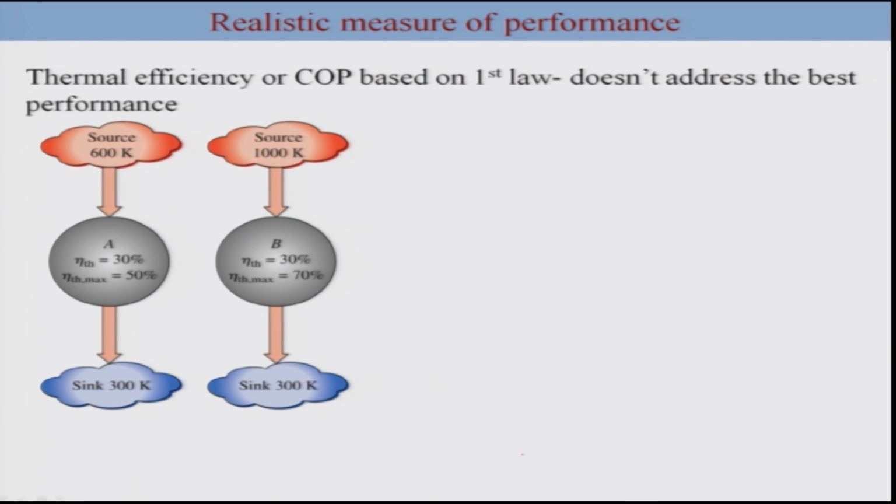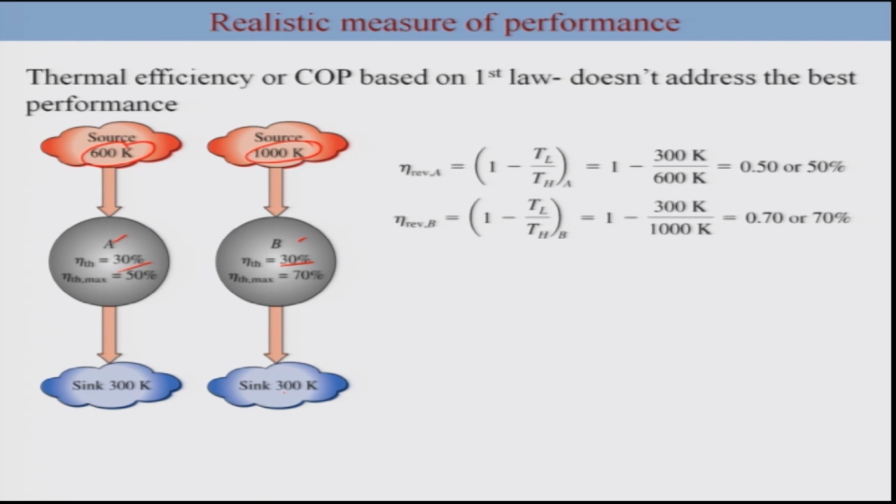So, here for example, you have two devices, A and B. Both have a thermal efficiency of 30%, however the sources are at different temperatures, assuming the sink to be the environment at the same temperature. Based on the reversible heat engine efficiency, the maximum efficiency for A is 50% and for B is 70%. So, it appears that B is performing much lower compared to its maximum ability.